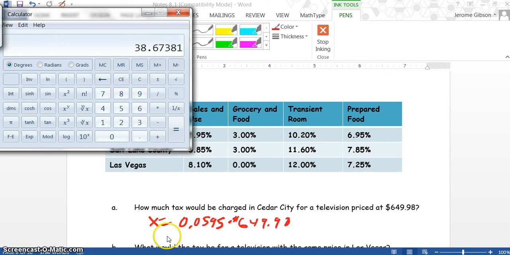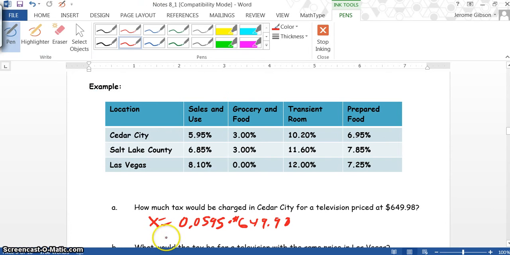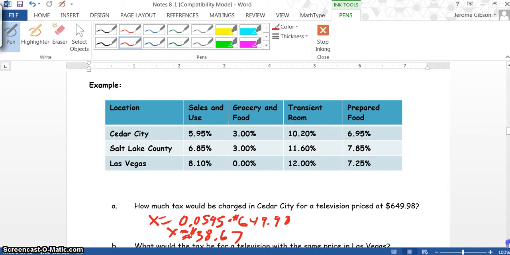And that would give us, we would need to round that, approximately $38.67. So $38.67 would be the approximate. We have to make these approximation symbols too.